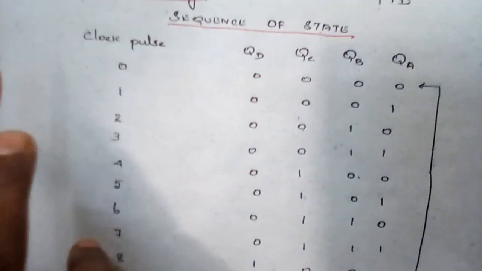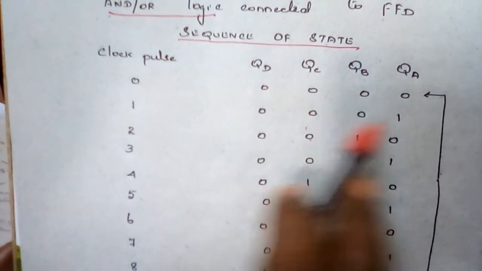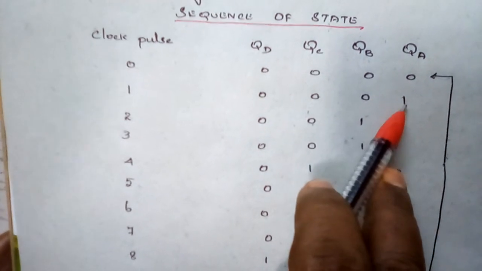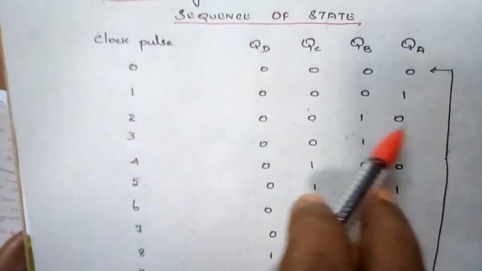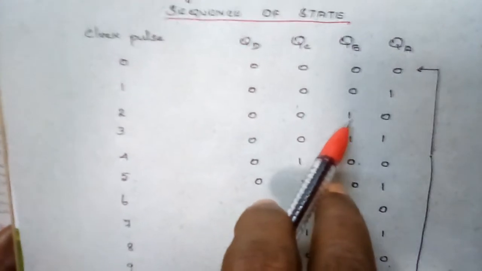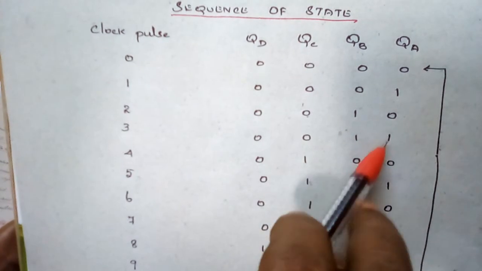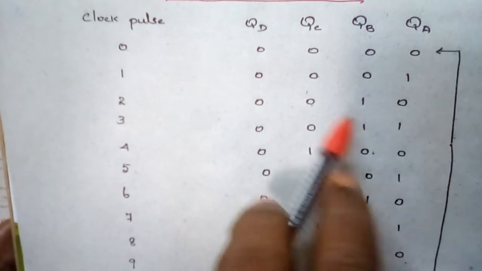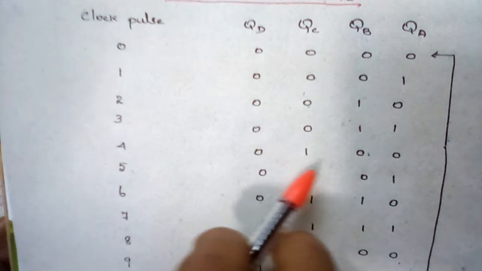That means for flip-flop A, when both the inputs are connected to high, the QA output will be high. And next, for the second clock pulse, the QA output will be 0 and the QB output will be high. For the next clock pulse, QA and QB remain in their own state. QC changes its state with the logic equation which we have discussed, right?